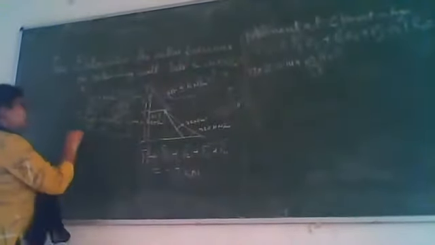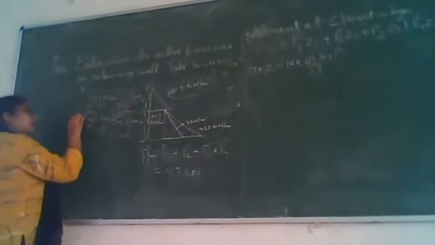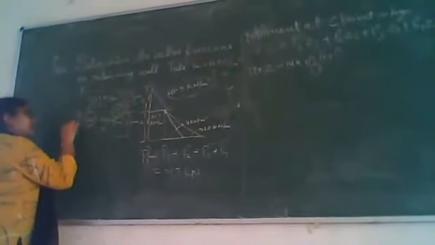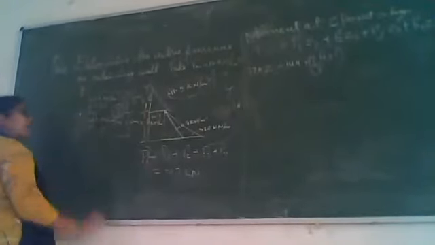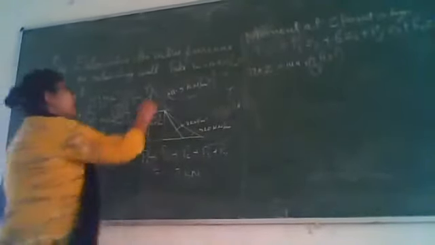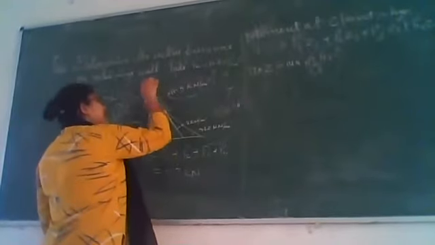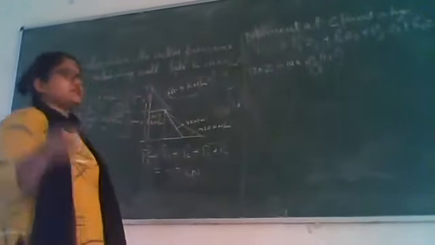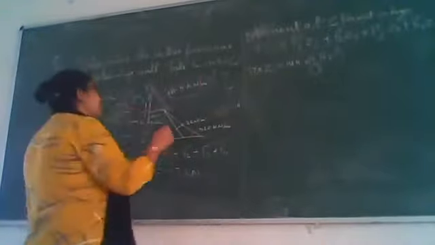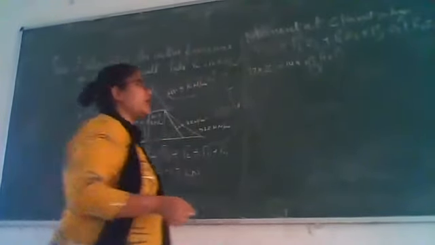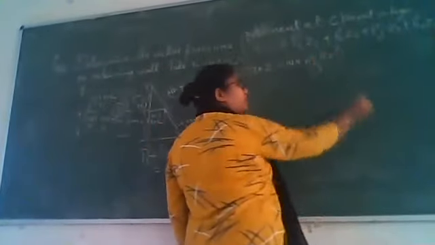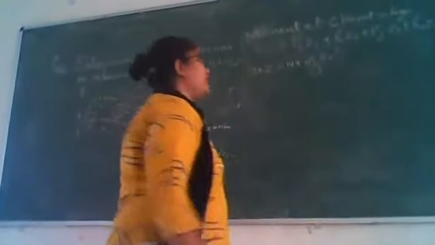At point C, the first 2.5 is this, the second 2.5 is this, and why h by 3? Because in a triangle, my force, my pressure acts at h by 3 distance. That's why we are taking 2.5 divided by 3 plus 2.5.